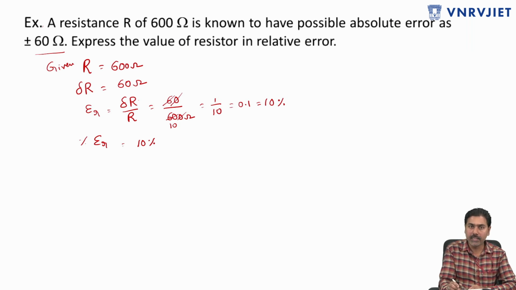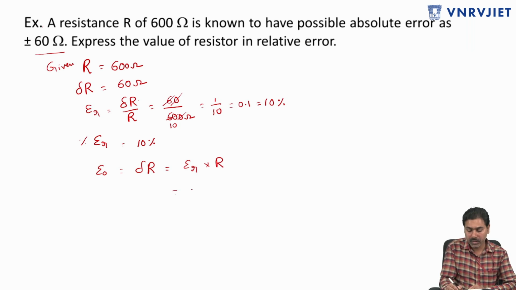Similarly, we can also calculate the absolute error when we know the relative error. Suppose we want the absolute error epsilon naught, that is delta R, which is nothing but the relative error epsilon R into the nominal value. This is equal to 10% into 600 ohm. 10% is 0.1 into 600 ohm, which is equal to 60 ohm.